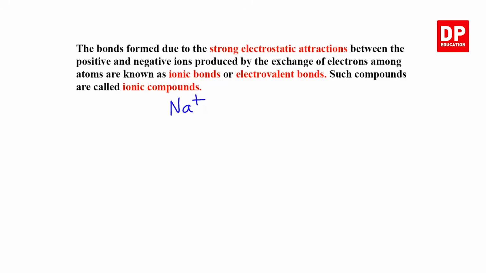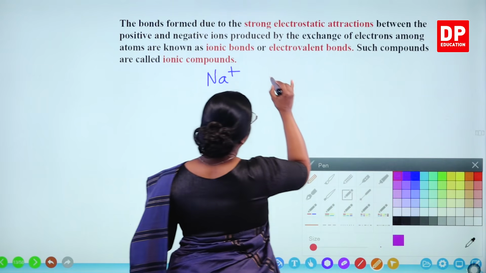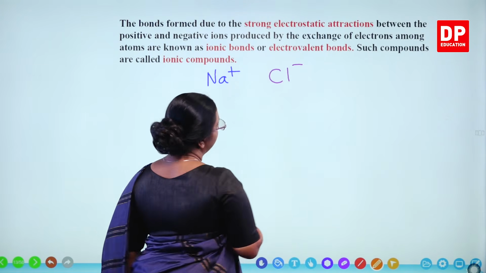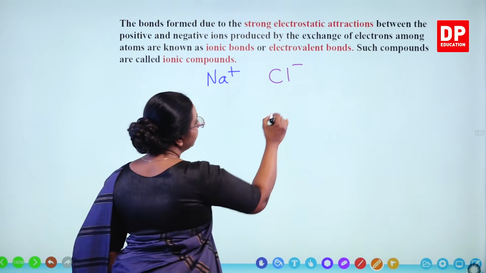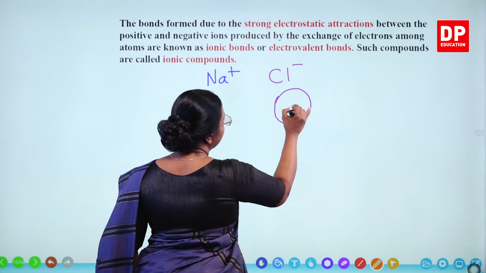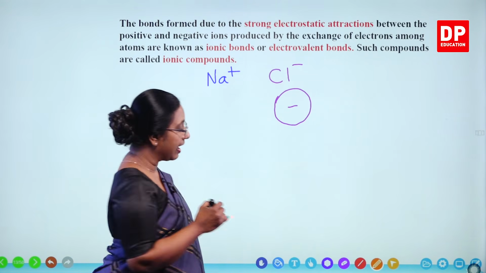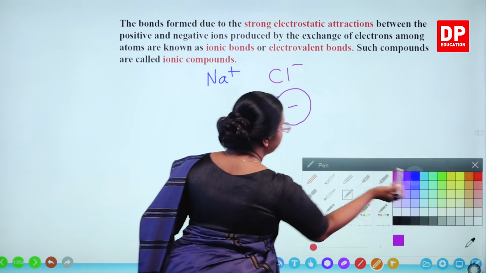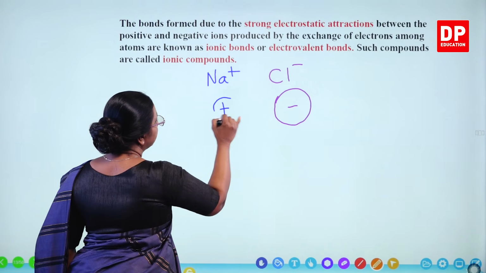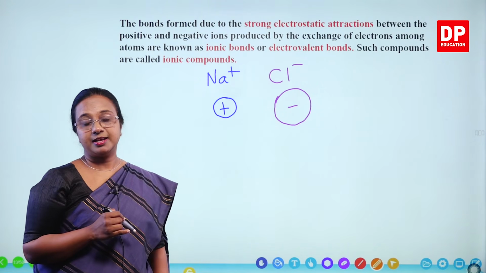Sodium ions and we will have chloride ions. So here you can see chloride ion. I will denote it as a negative ion, whereas the sodium ion we will denote as positive ion.